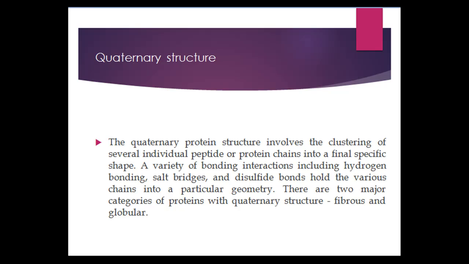A variety of bonding interactions include hydrogen bonding, salt bridges, and disulfide bonds, which hold the various chains into a particular geometry. There are two major categories of protein with quaternary structure. They are fibrous protein and globular protein.